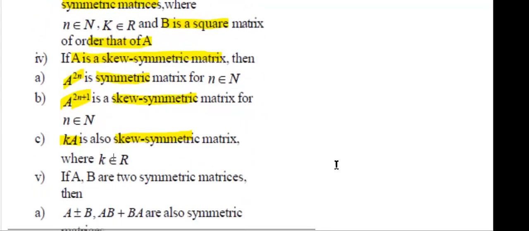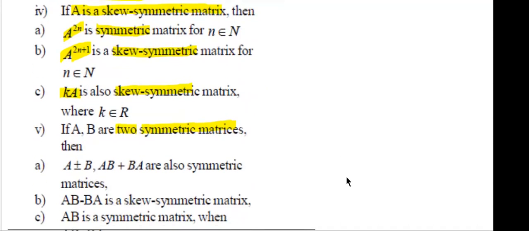Okay. Next. Fifth point. If A, B are two symmetric matrices, then A plus B, A minus B, or AB plus BA are also symmetric matrices. AB minus BA is a skew symmetric matrix when A, B are symmetric matrices.